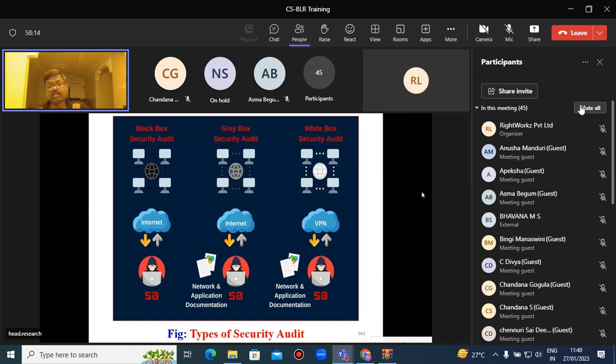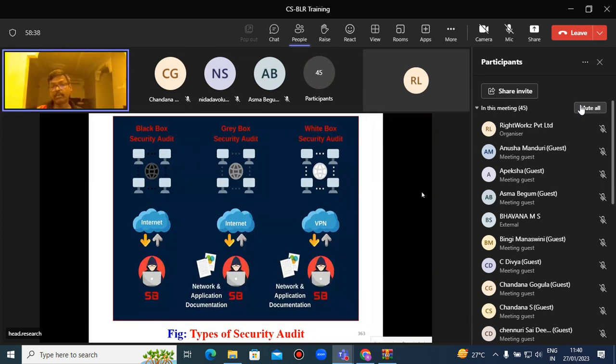These are the three types of security audit expected from the organization. In black box, I don't know who has entered my organization, and they test and find that somebody has entered. Such activity is called black box security auditing.